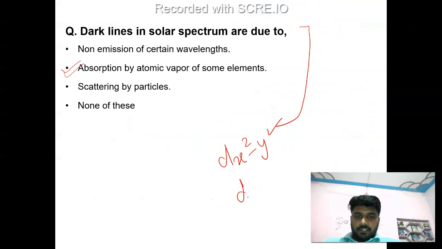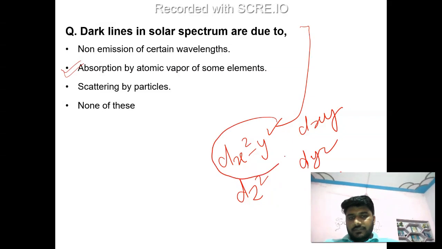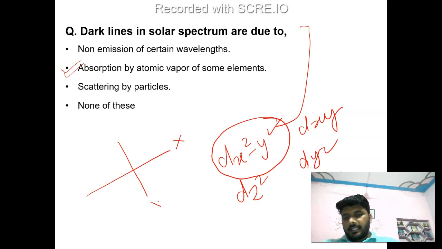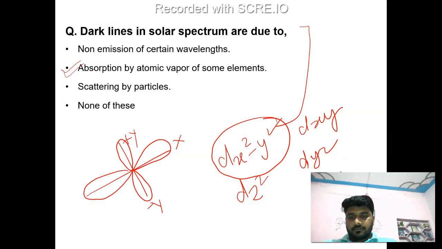One is dx square minus y square, another is dz square, and then dxy, dyz, and dzx. Okay, so what the magnetic quantum number tells us: this dx square minus y square, if I am considering the x axis and the y axis, this orbital will lie on the plus y and minus y side, and also on the x positive and x negative, right?